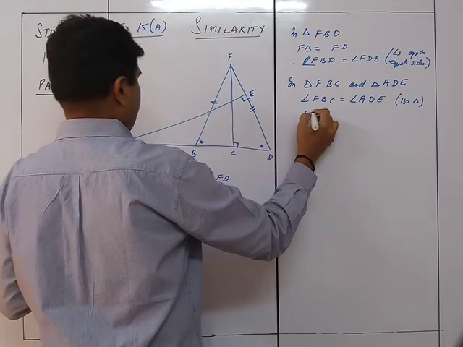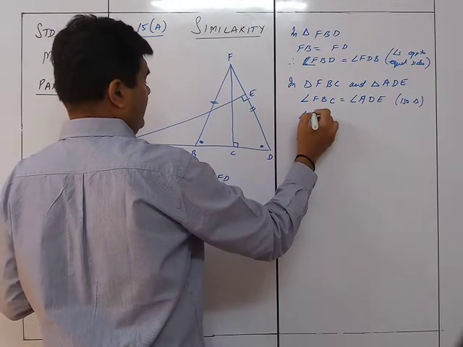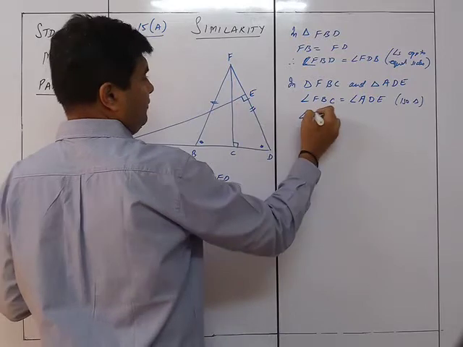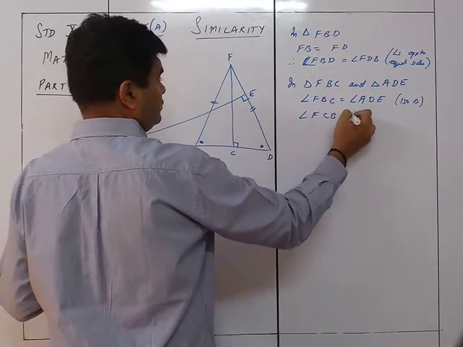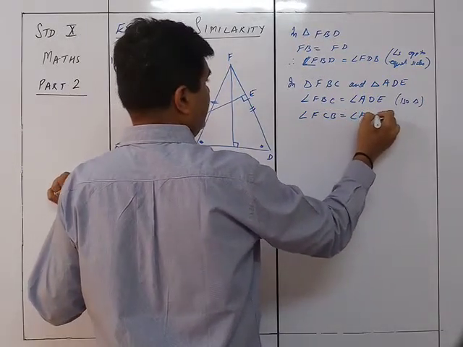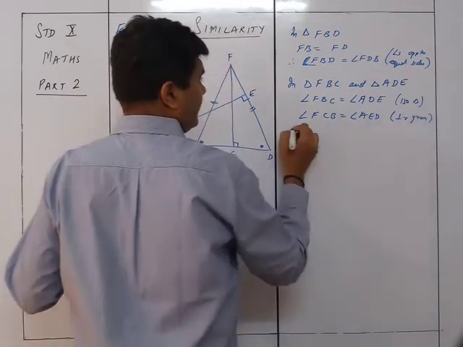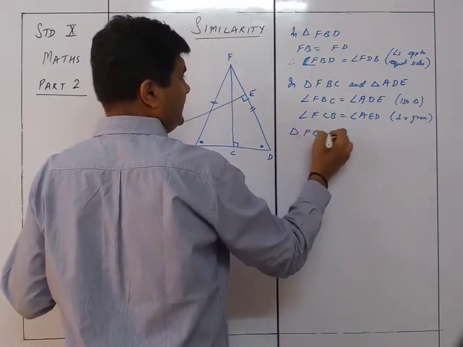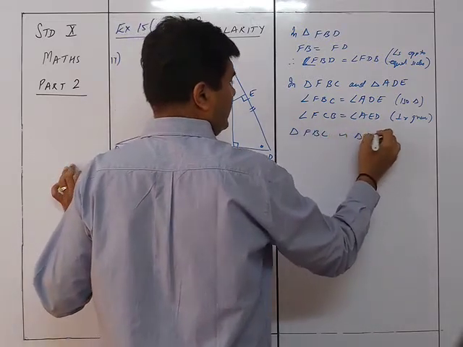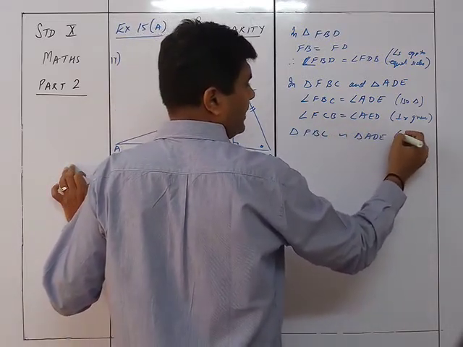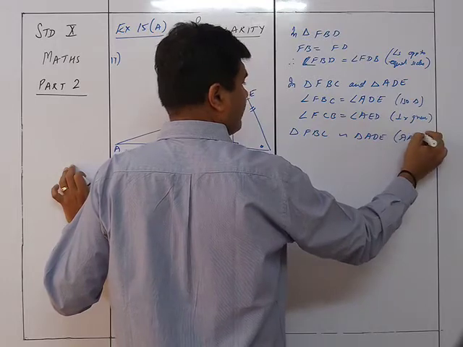Angle FCB is equal to angle AED, 90 degrees, perpendicular given. Therefore, triangle FBC is similar to triangle ADE by AA test.